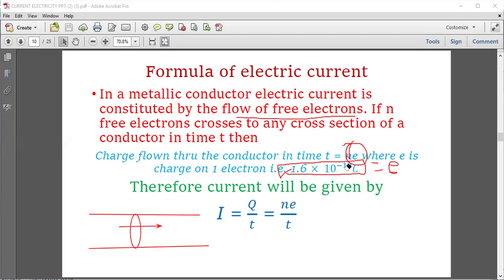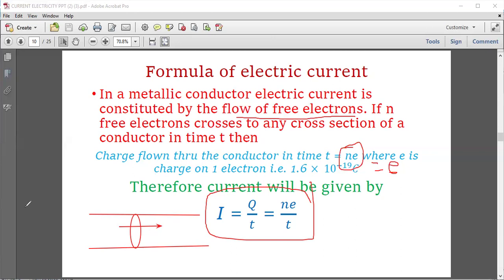We can say that in t time, the charge passing through this cross section is n into e. Therefore current is given by I equals n e upon t. Is it clear? This is another formula which is used for metallic conductors.